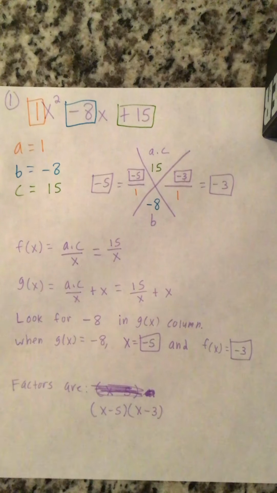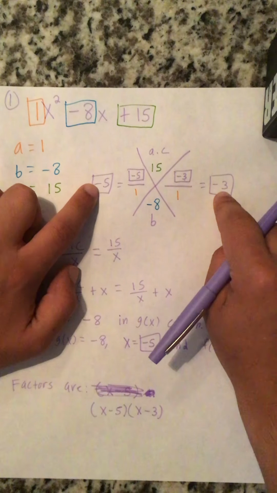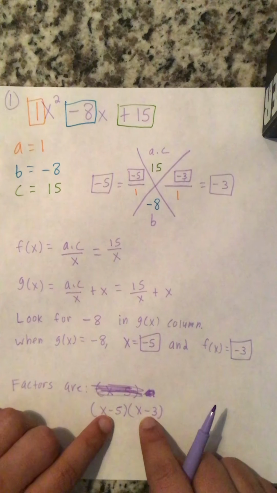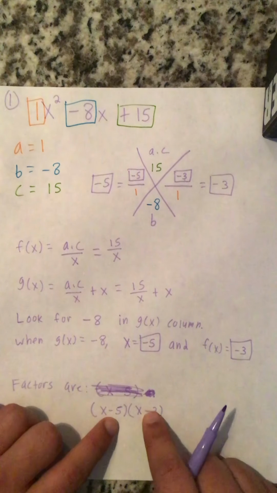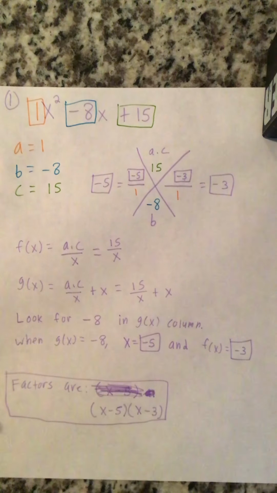That's the final answer. That's how you write it: we just take whatever's here and make it into factors. So it's x minus 5, x minus 3. Just take that answer, box it, and you're done. That's the first example. I know it seems like a lot, but it gets a lot faster, I promise. So let's try one more example.